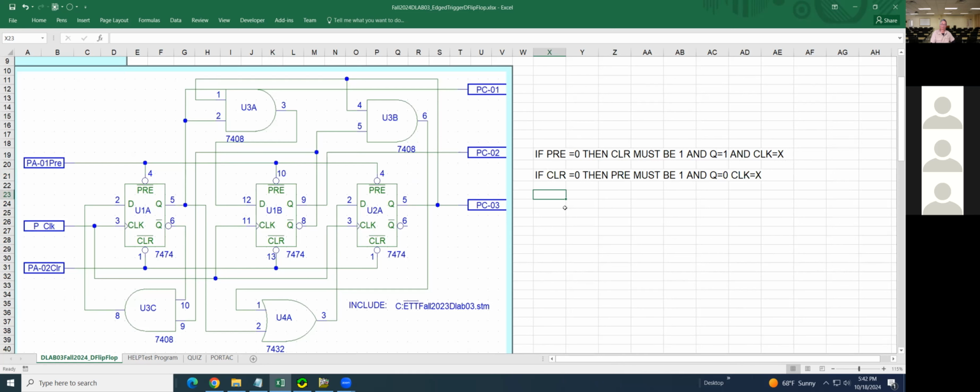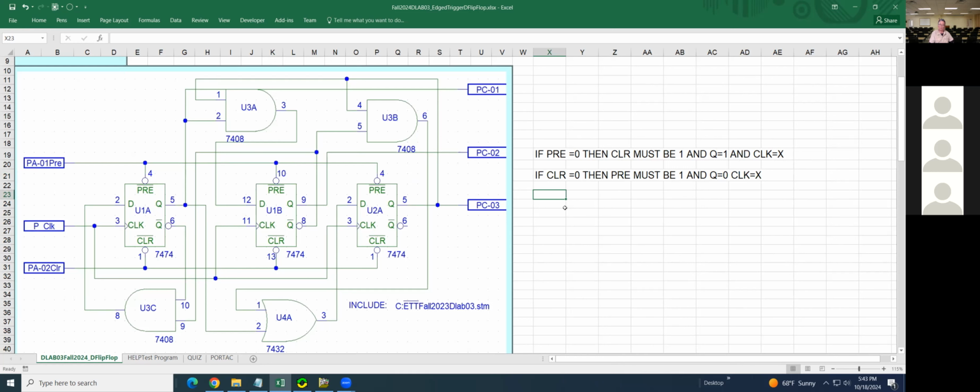Right, Mr. Pham. The thing I already explained to you, in the computer, every circuitry is controlled by the master clock. Okay, the thing is, you can't have preset and clear be one at the same time.